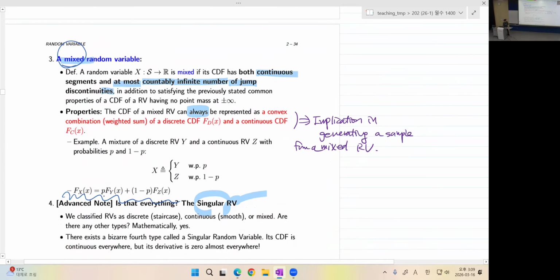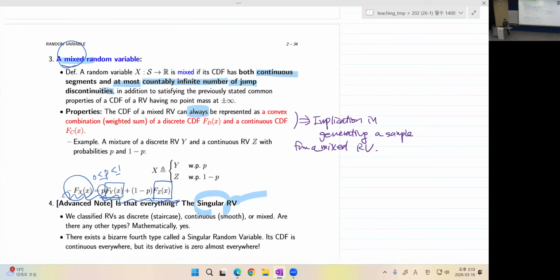So it's a mixture. P is a number between 0 and 1. And here, this would be a discrete random variable CDF, and this is a continuous random variable CDF. That is, this is the weighted sum of two CDFs, continuous and discrete.